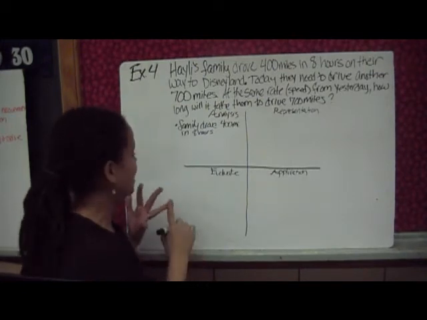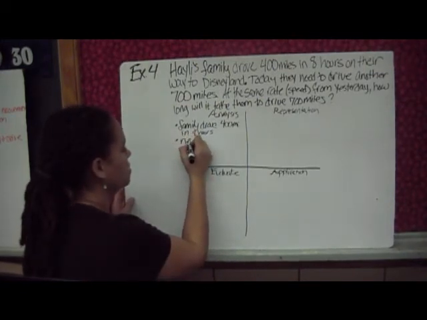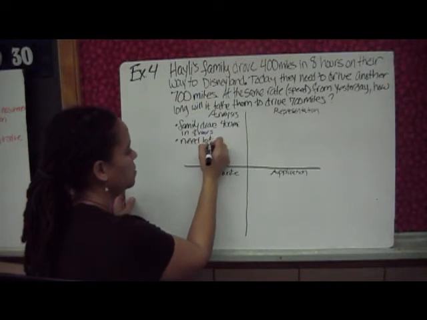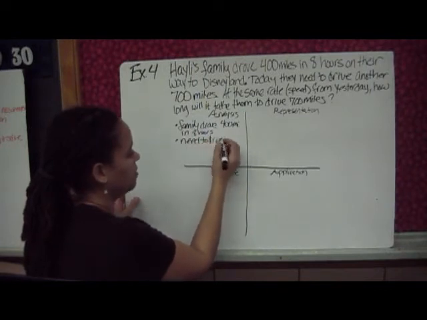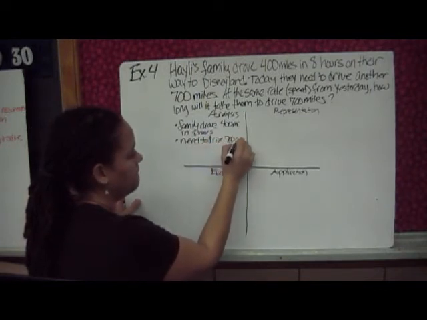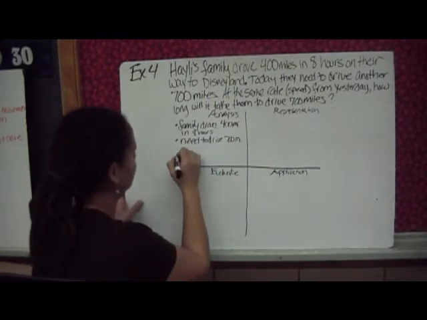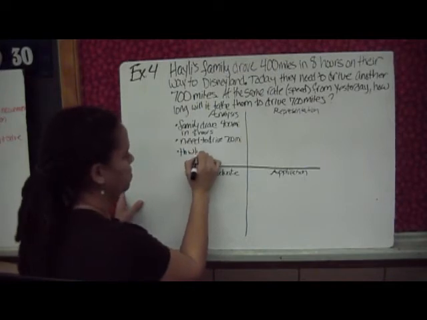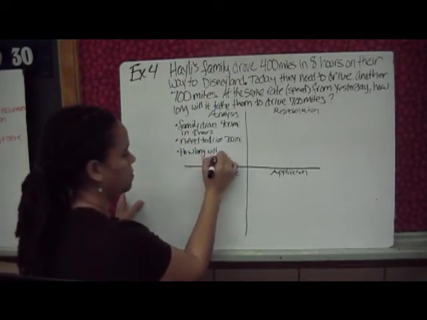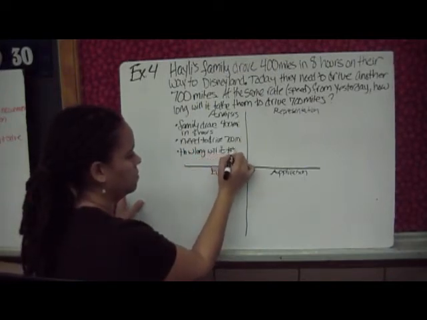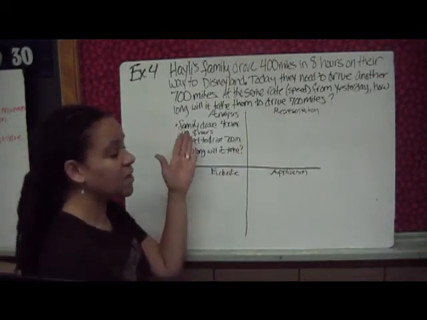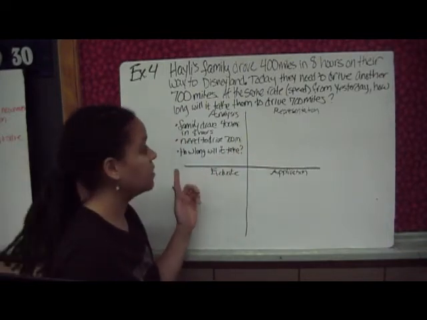We also know that they need to drive 700 miles. Picking the important information out of the problem. And the question it's asking is, how long will it take? Okay, so that's the important information that we have out of the problem.